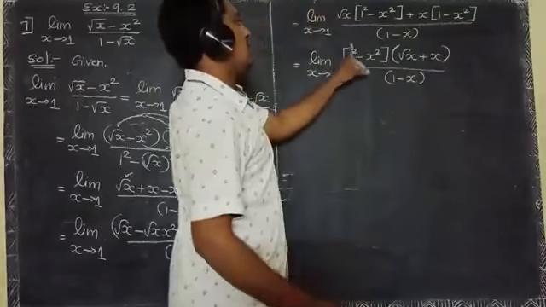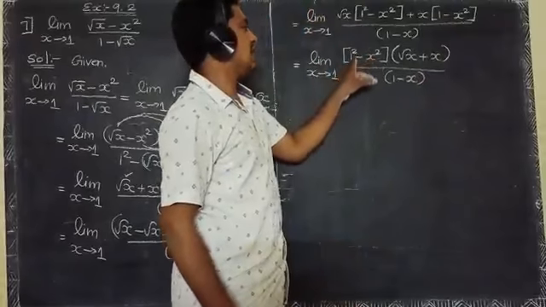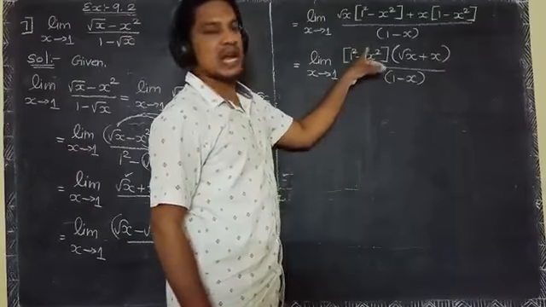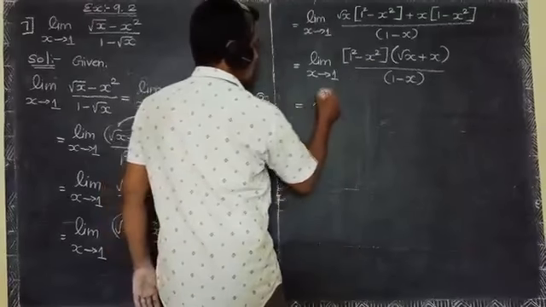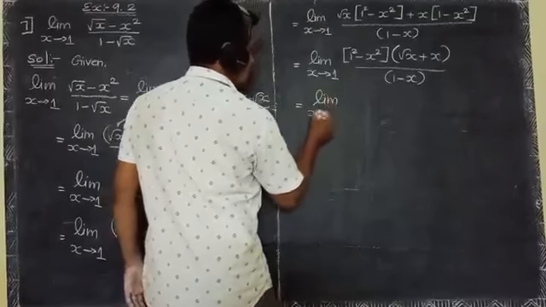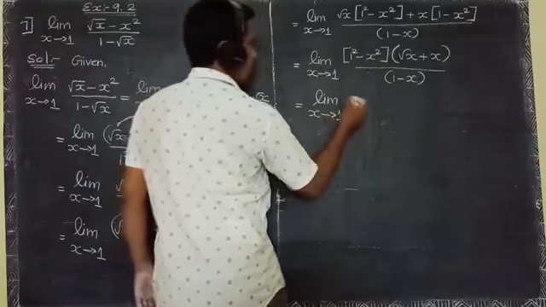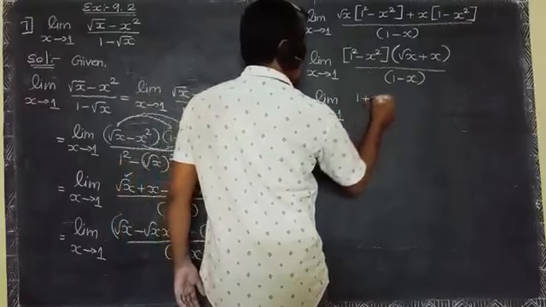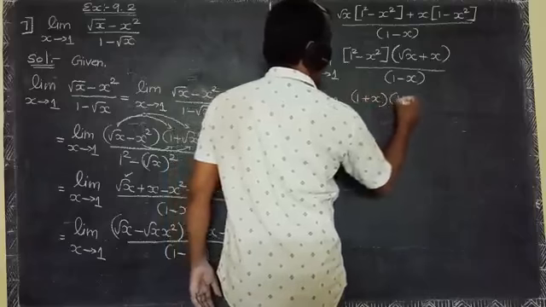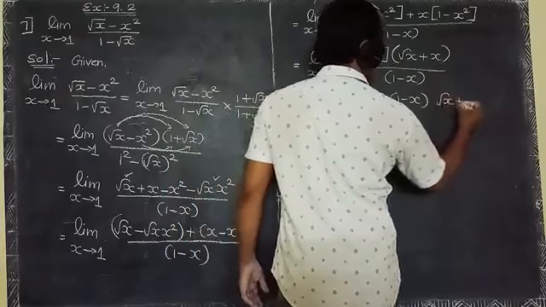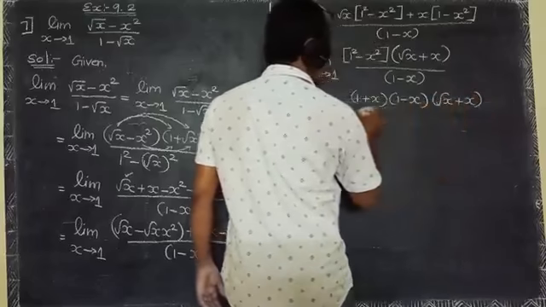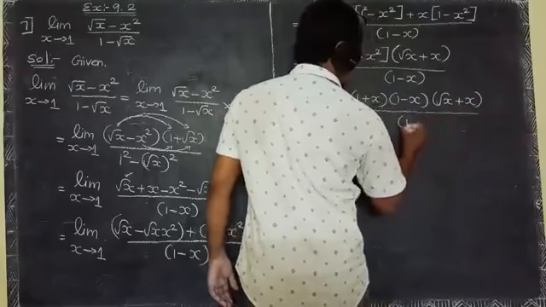Here 1 square minus x square is like a square minus b square, which can be written as a plus b into a minus b. It is limit x approaches 1, 1 plus x into 1 minus x into square root of x plus x. Then the denominator is 1 minus x.